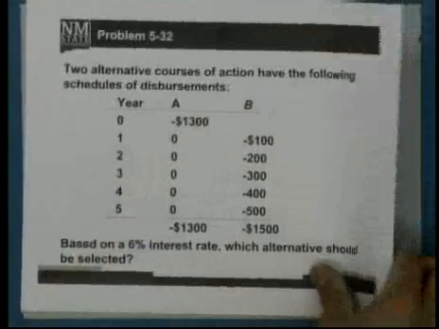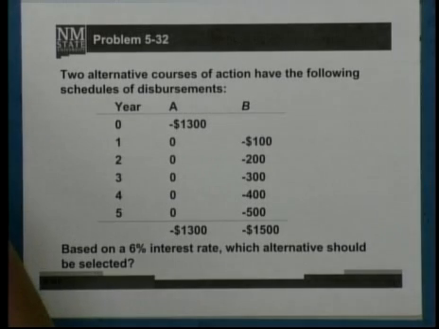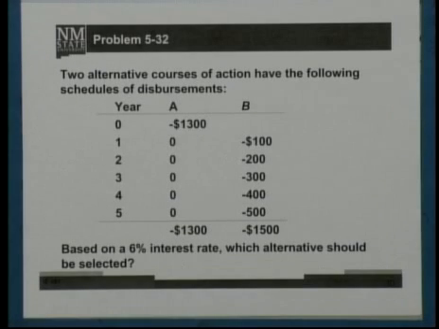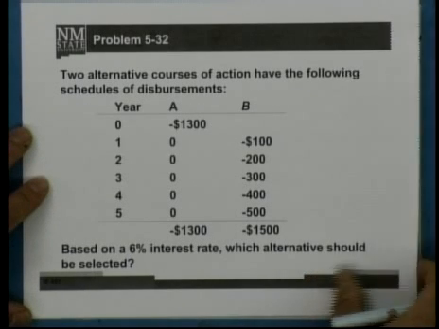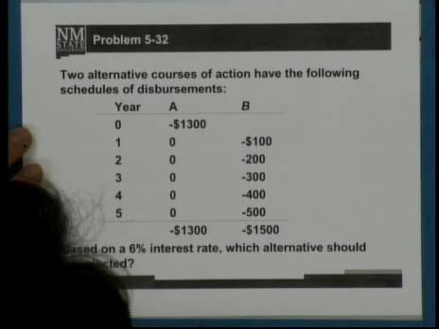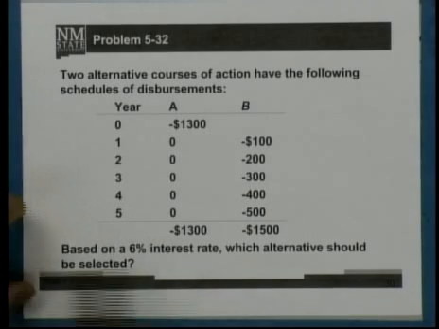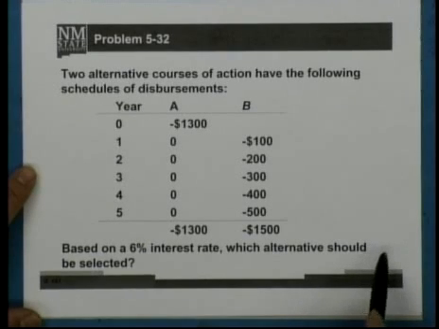Okay, let's solve problem 5-32. Two alternative courses of action have the following schedules of disbursements. Based on a 6% interest rate, which alternative should be selected?